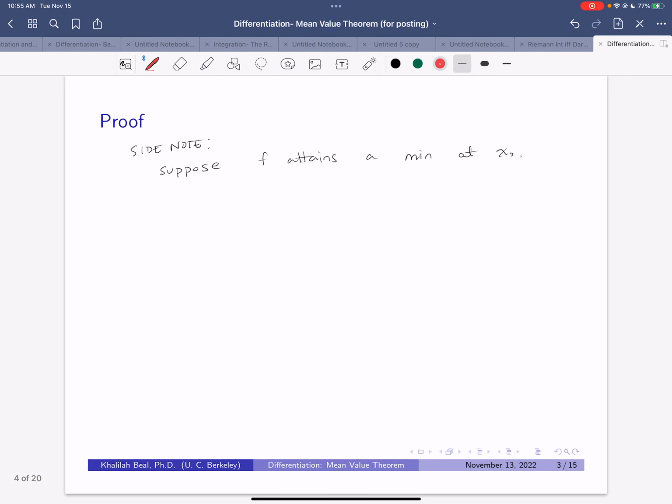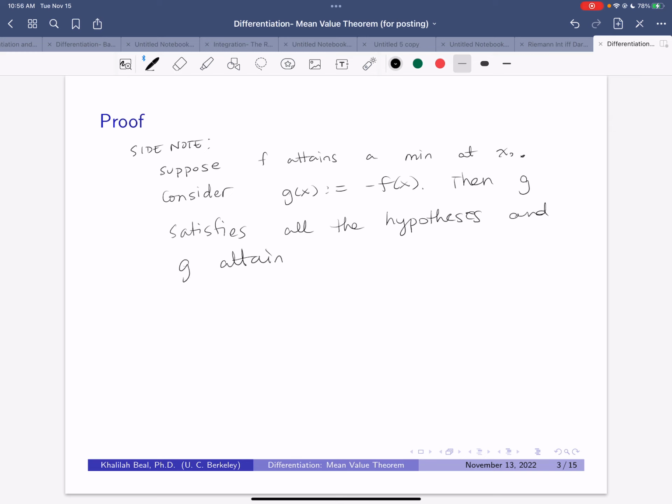So we'll say, consider g of x defined to be equal to minus f of x. Then g satisfies all the hypotheses and g attains a max at x naught. So g prime of x naught has to be equal to 0.